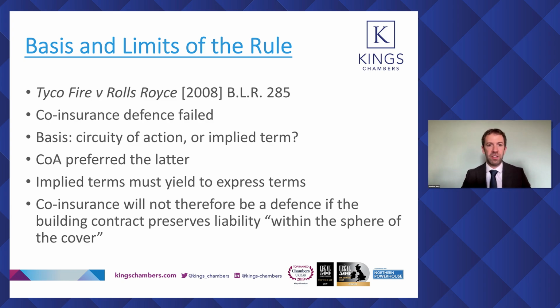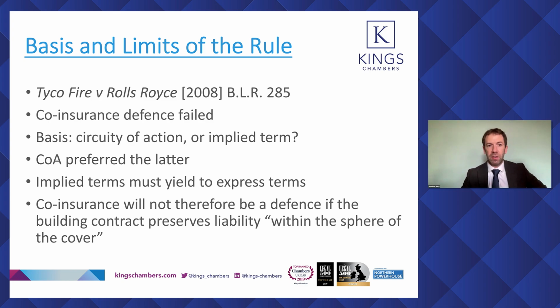It also made the observation that the thing about implied terms is that they have to yield to express language in the contract. You can't generally have an implied term that contradicts an express term or the clear effect of the express terms of the contract.